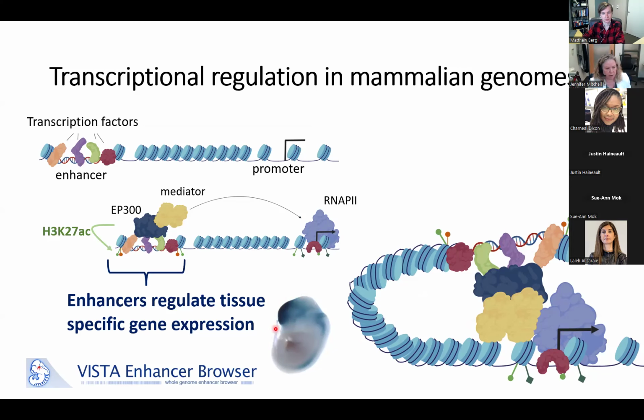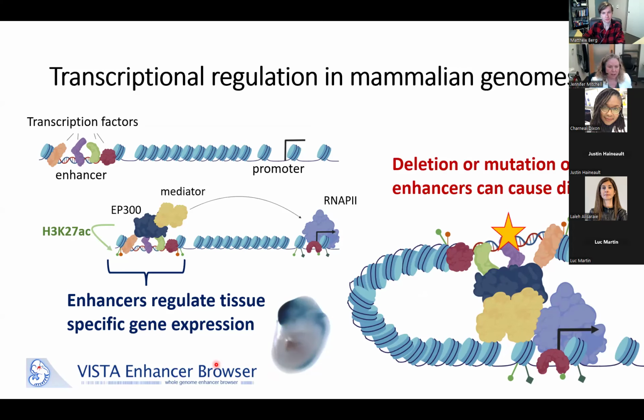What I'm showing you here is a strong enhancer in the forebrain, and this is one of the currently validated enhancers from the VISTA enhancer database, which has identified the tissue specificity for around 2,000 enhancers, about half of which are human sequence and half are mouse sequence.